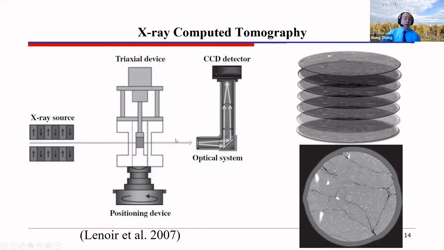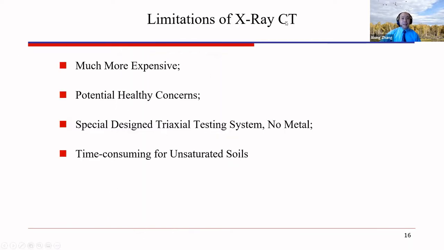But many of you have gone to the hospital and done an X-ray test, right? You know how careful the doctors are, right? So the limitation of the X-ray CT is it will be much more expensive. To have a system like this, you need at least several $1 million, right?